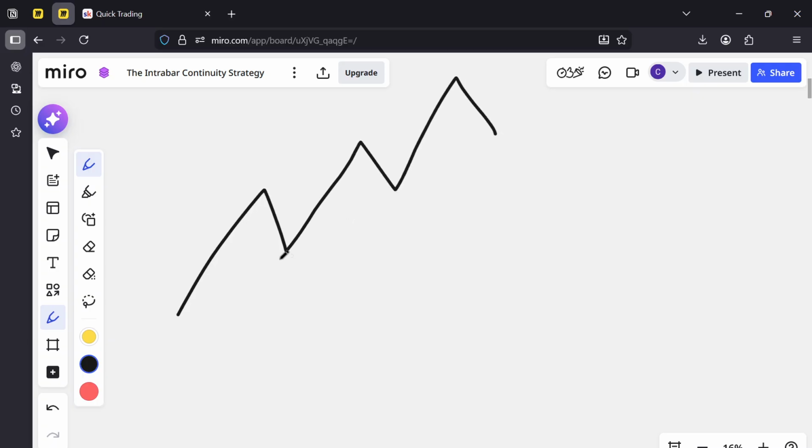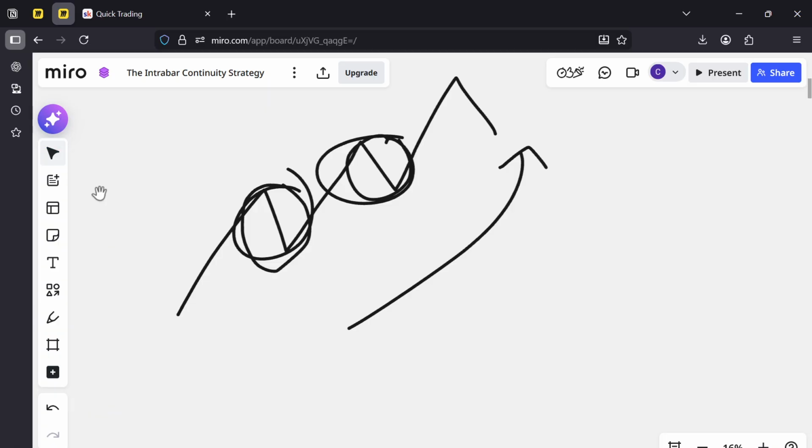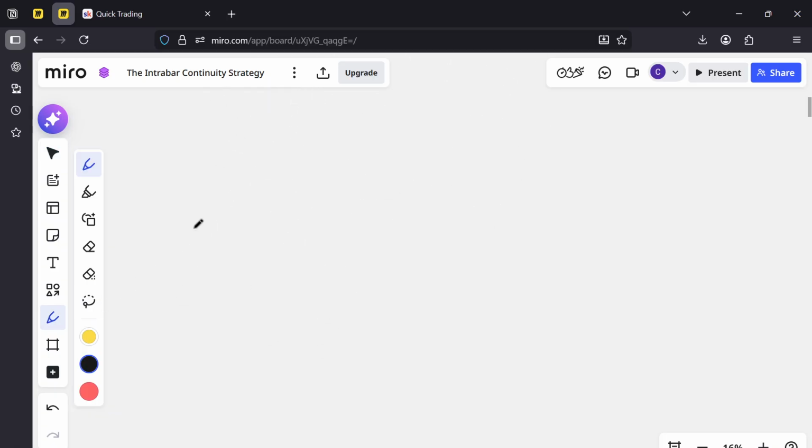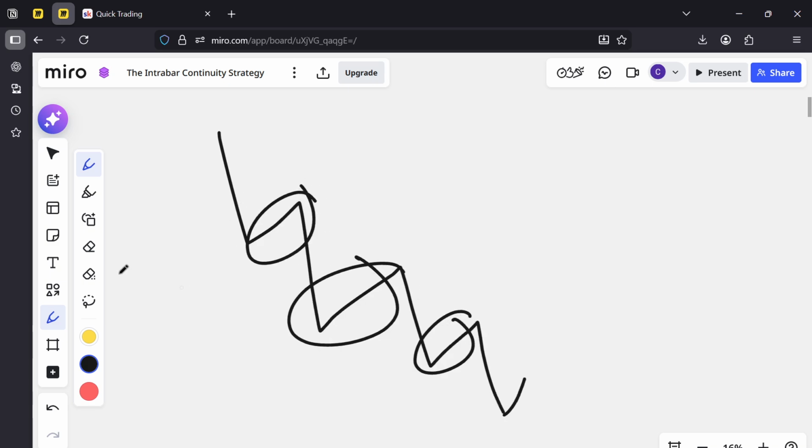The market can't just go constantly in one direction, it has to have a type of exhaustion or a pullback. If we're going up, there will be pullbacks where it comes down. If the market's deciding it wants to go downwards, it would have an impulse and a pullback. Impulse, pullback, impulse, pullback. These would be the moments of exhaustion.